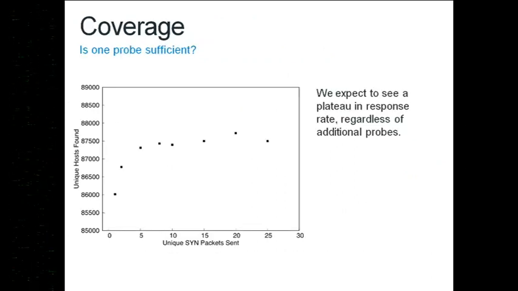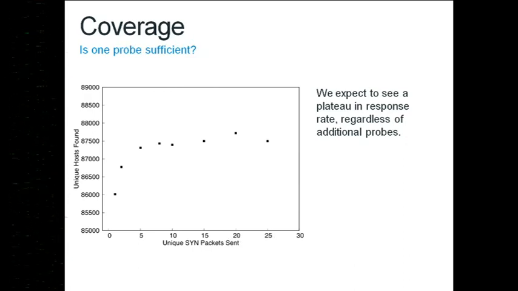Another question is, even if we're not overwhelming the network, are we getting back responses from everything that should be responding, even though we're not sending more than one SYN packet? So one way we can see this is by trying to send multiple SYN packets to each address.